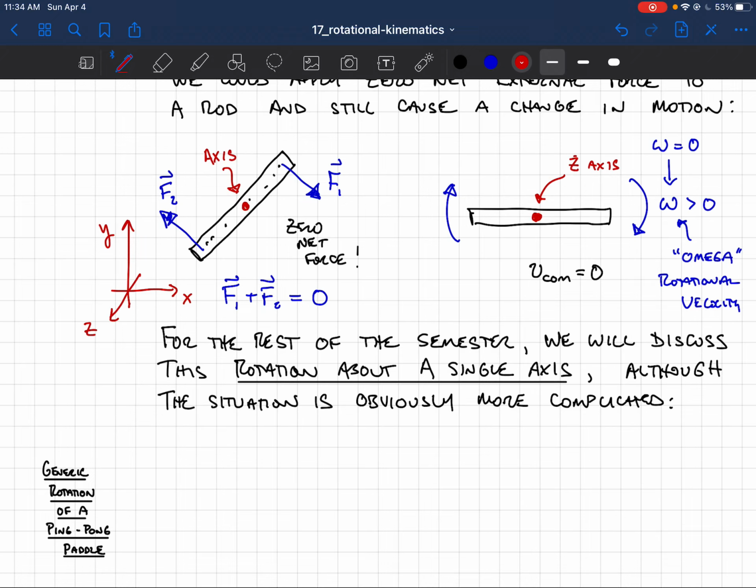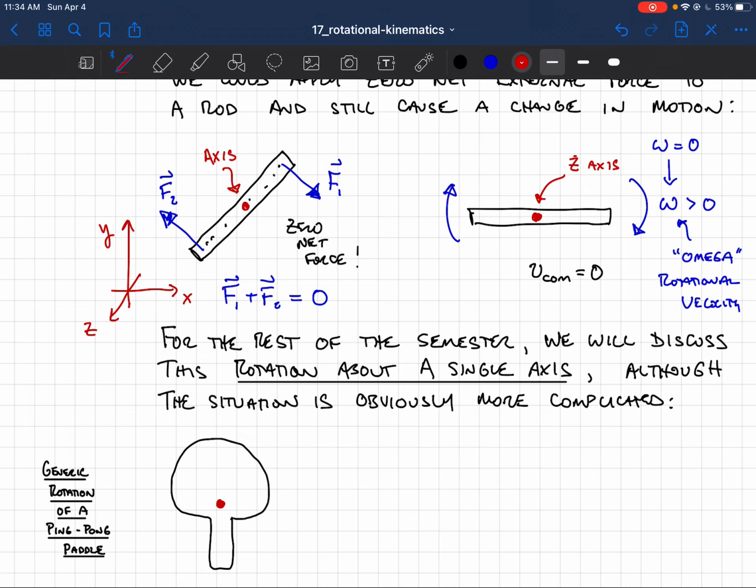But that kind of rotation is actually just one very specific case of the generic rotation of an object. So we might just take a quick moment to look at what an object could do in general. Well, if I had a ping pong paddle, so I'm just going to draw a ping pong paddle because it's sort of easy to draw and it's not completely symmetric, I could choose an axis about which to rotate it.